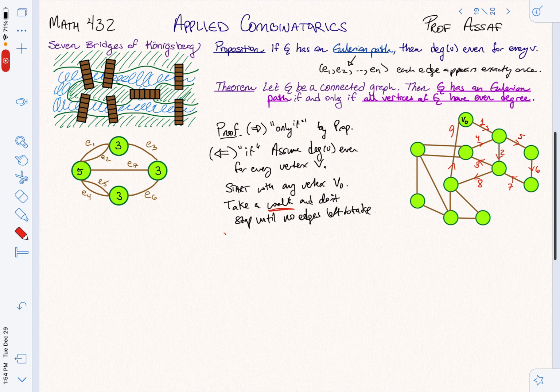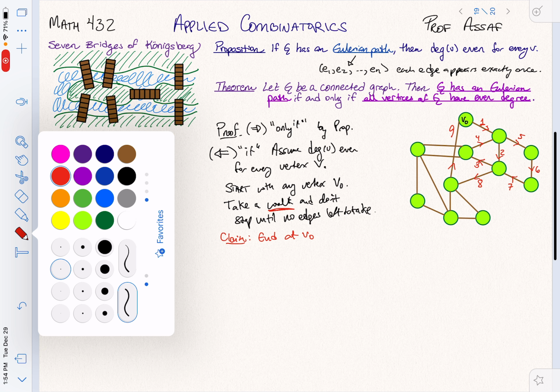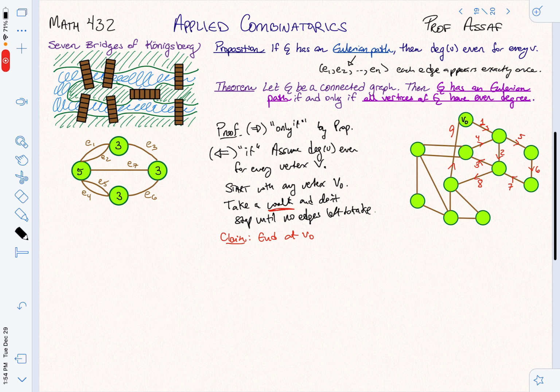So let's write that down. There's an interesting thing that happens. Claim: you're going to end at V0. End where I began. Why? This is because every vertex has even degree. So think about what happens as I'm starting here and I leave. So now at V0, I've taken one edge. And I've taken one edge into this new vertex I'm at.